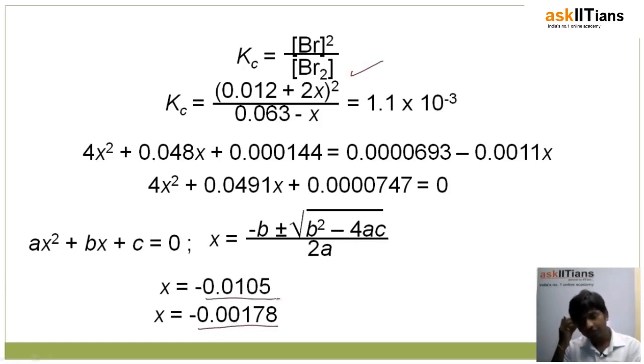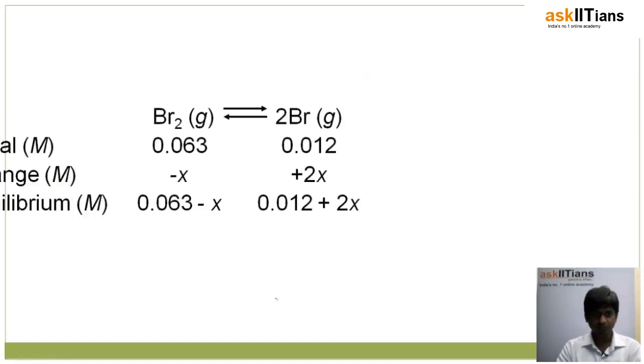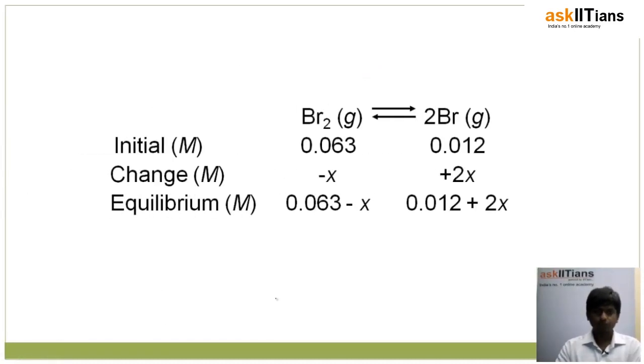Both values of x, at first glance, appear reasonable. Let us see what happens in this case. I have two values of x.